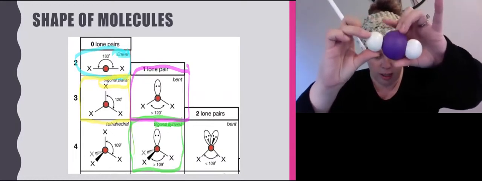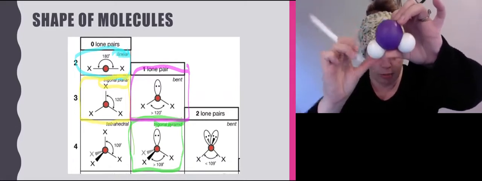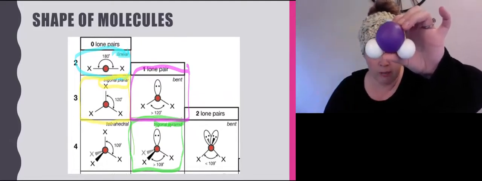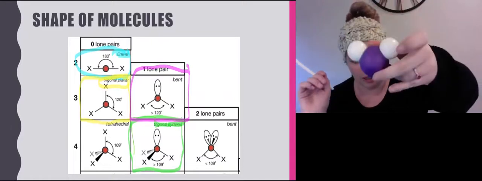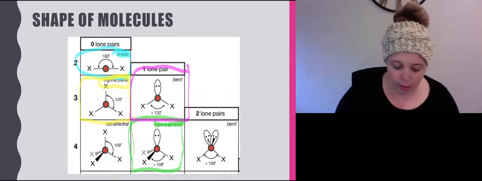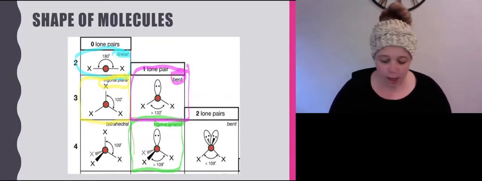But if you tried to make that linear, look at how close the lone pair is to that one. It doesn't like it. So it moves itself around a bit, and we end up with this bent shape. So even though this lone pair is here, we call this shape bent because it is definitely bendy in the middle. So that one there is my 3 molecules and 1 lone pair.